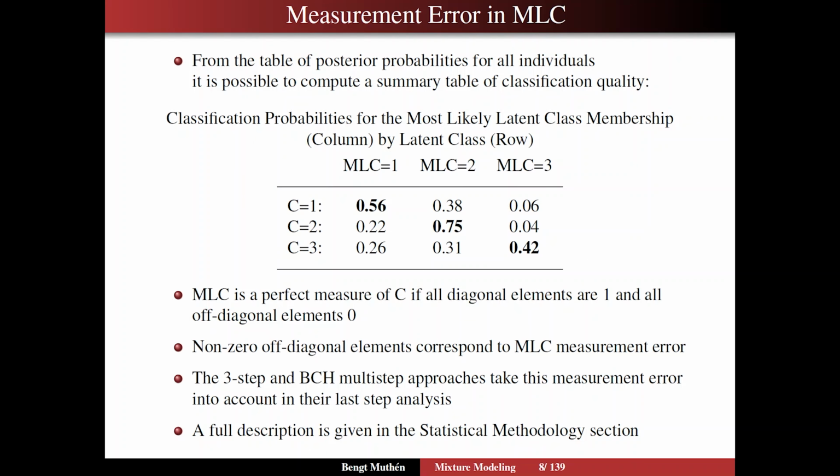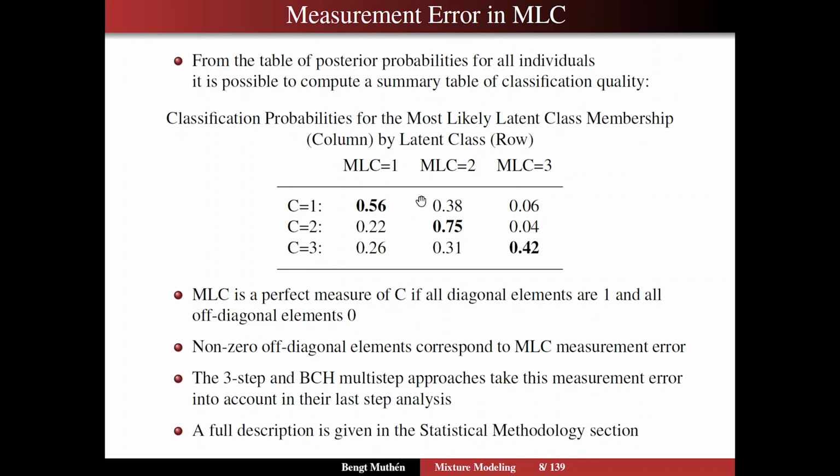On slide 8, let's take a closer look at the measurement error in this MLC, most likely class variable. I claim that from the table of posterior probabilities for all individuals, it is possible to compute a summary table of classification quality. We're going to show this summary table for the example of the 6 individuals on the previous slide, but in real data, you will get it for the whole sample of people in your data.